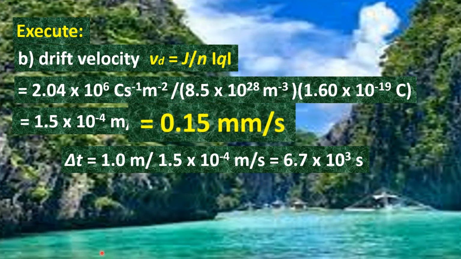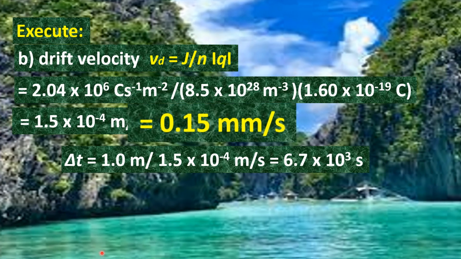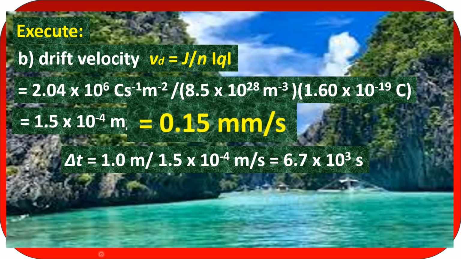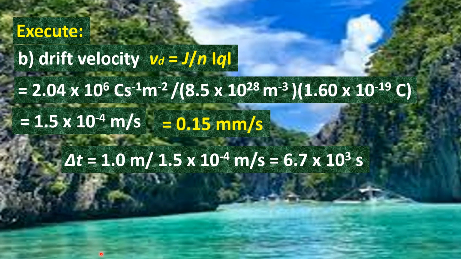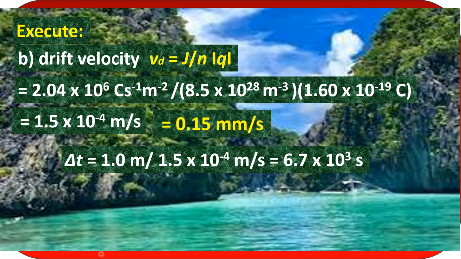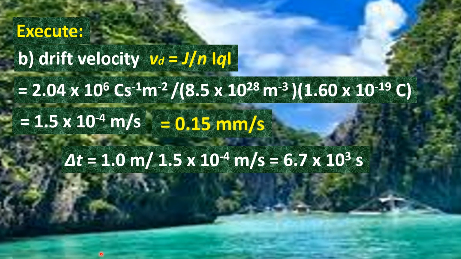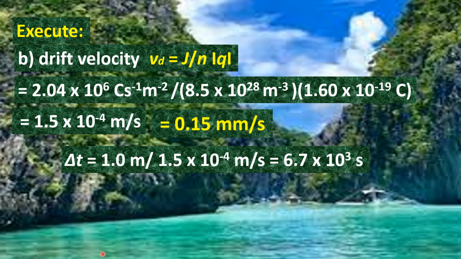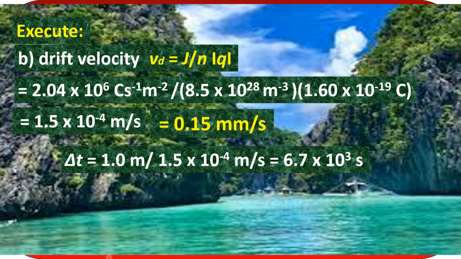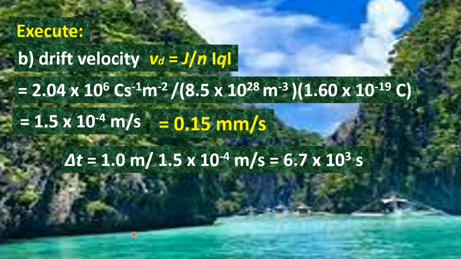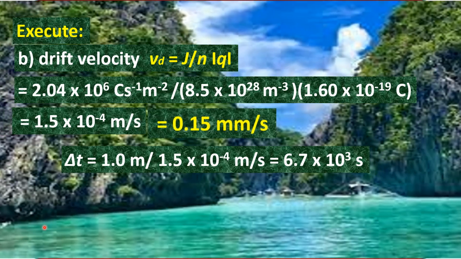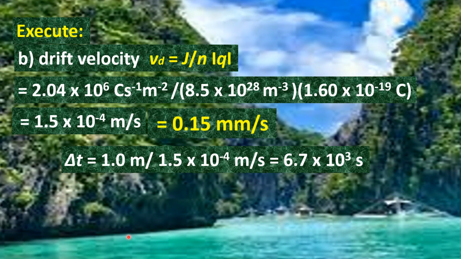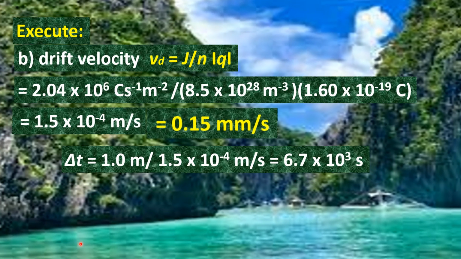we say that an electron would require 6,700 seconds, which is almost 2 hours, to travel 1 meter along the wire, right? May I repeat that once again?